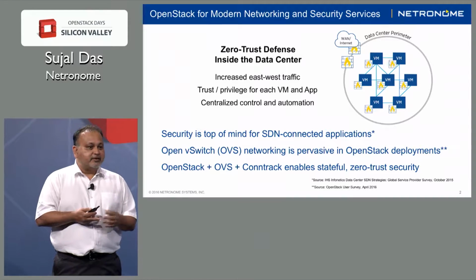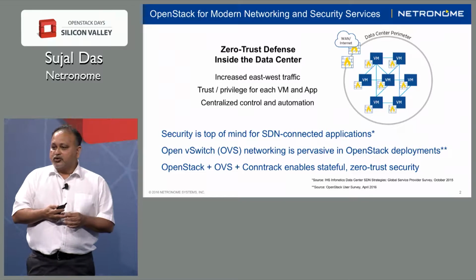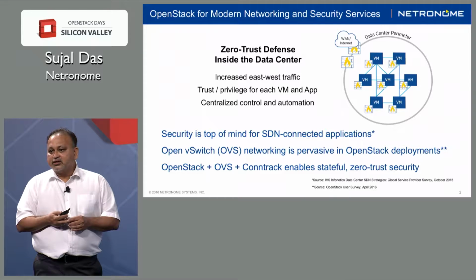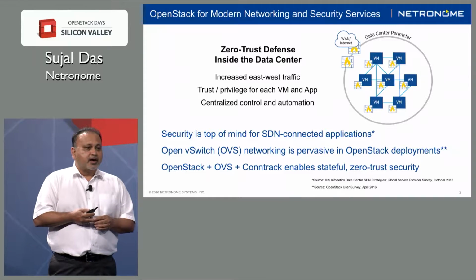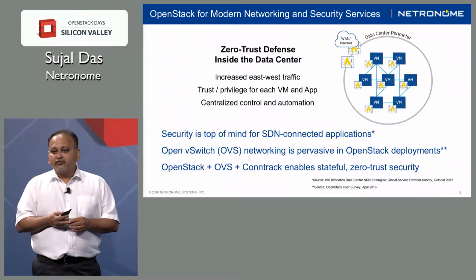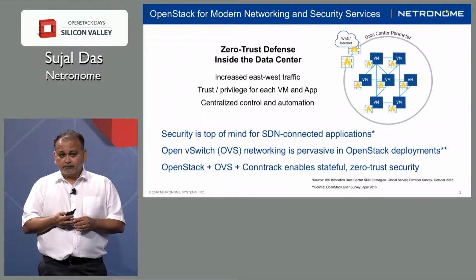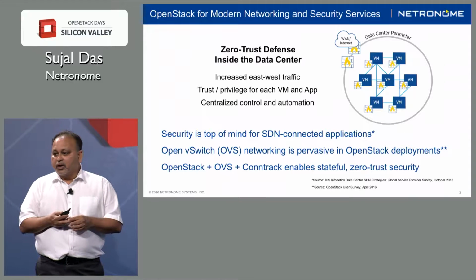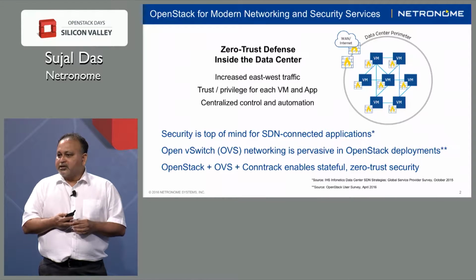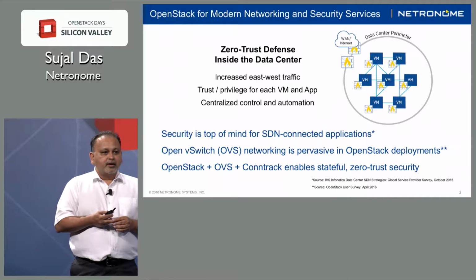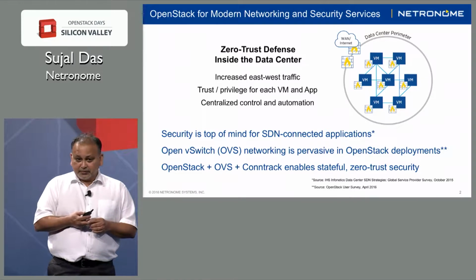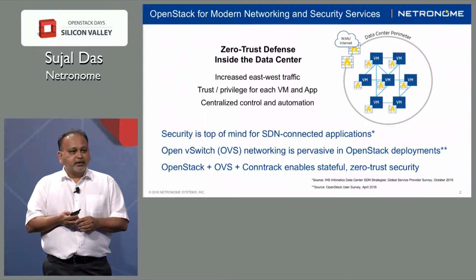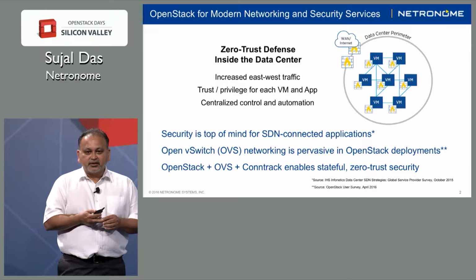And more recently, in the realm of security, OVS or vSwitch was enhanced. vSwitch version 2.5 added what is called Linux connection tracking, which enables stateful security with OVS. So using OpenStack, OVS, and connection tracking, one can now deploy zero trust security in the data center and secure your modern applications. These are great innovations happening in the industry, and Netronome is proud to be participating in this innovation.